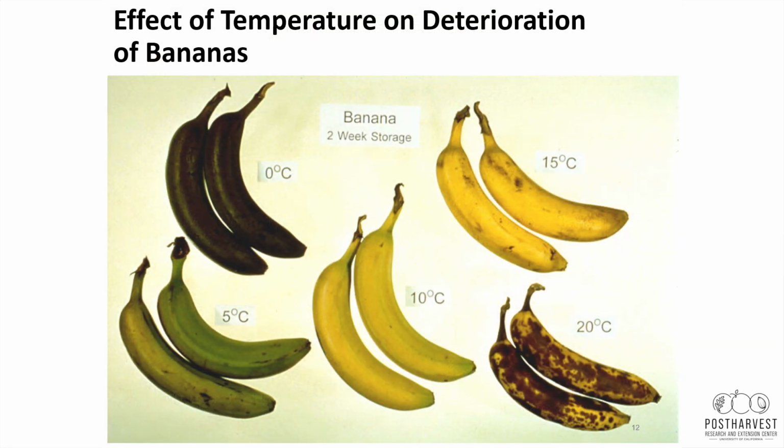So this slide shows that the fruit comes from tropical regions of the world. It is highly chilling sensitive, and the threshold for chilling injury is roughly around 10 degrees Celsius or 50 degrees Fahrenheit. This is another slide that was generated here at Davis.